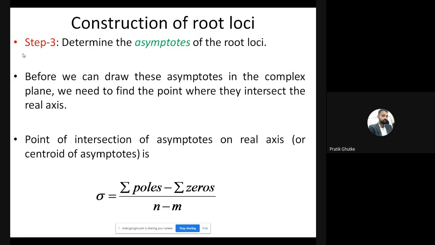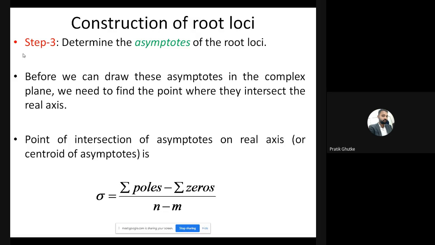The formula to calculate the centroid is the summation of real parts of poles minus the summation of real parts of zeros, divided by P minus Z, or n minus m. In this case, n is the number of poles and m is the number of zeros.